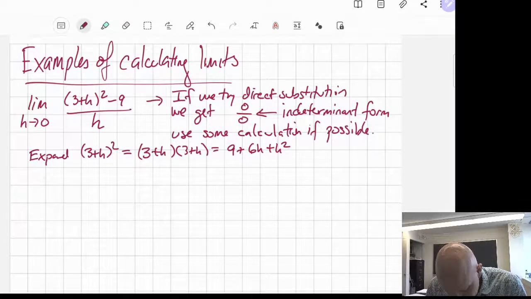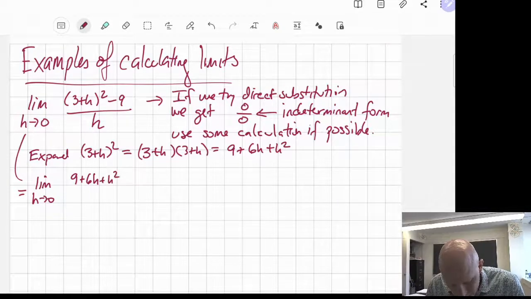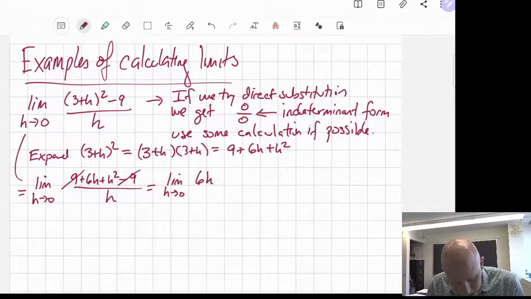And so this limit is equal to the limit as h goes to 0 of 9 plus 6h plus h squared minus 9, divided by h. The 9 minus 9 is 0, so we get the limit as h goes to 0 of 6h plus h squared over h.